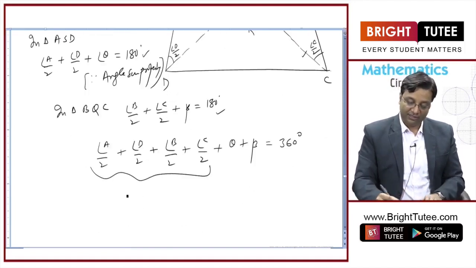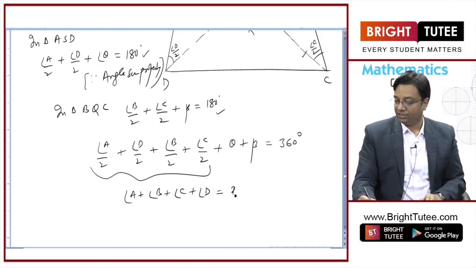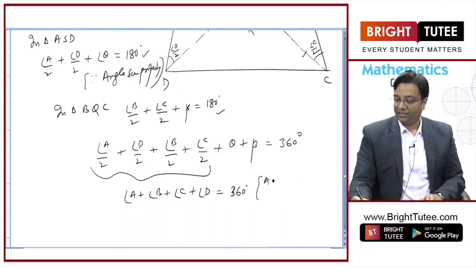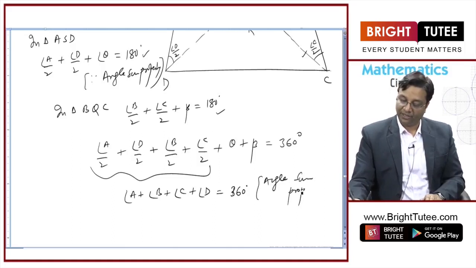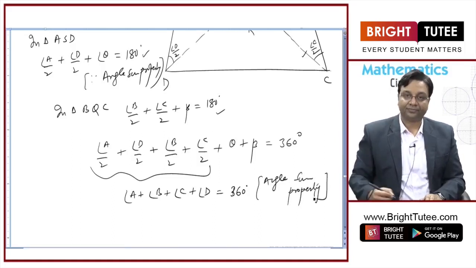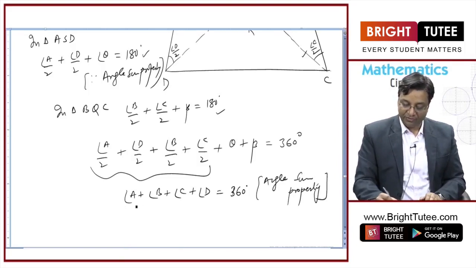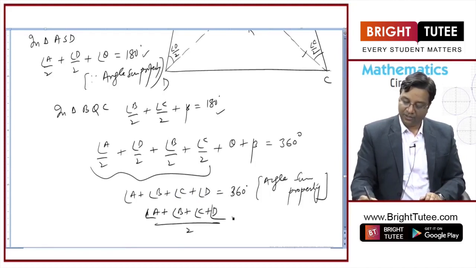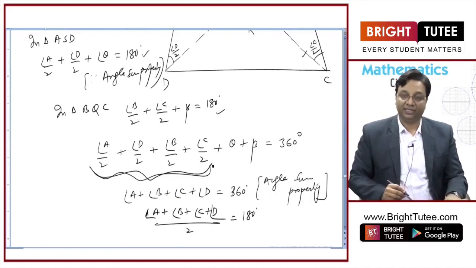We know that the sum of internal angles of a quadrilateral is equal to 360 degrees, the angle sum property of a quadrilateral. So half of A plus B plus C plus D will be 180 degrees. So this sum here is 180 degrees.